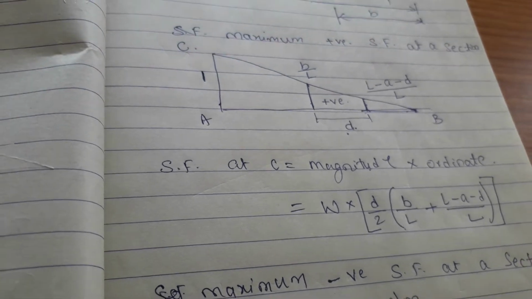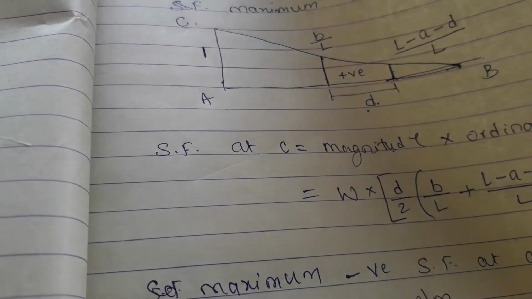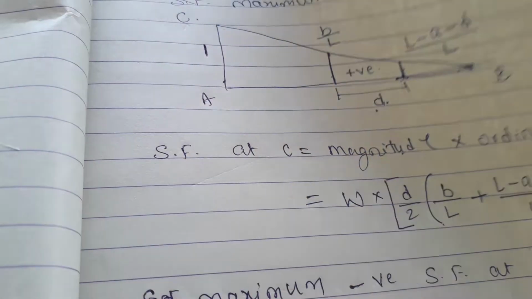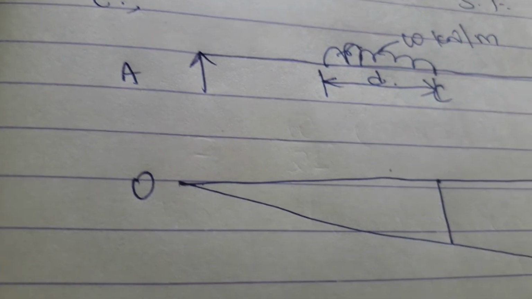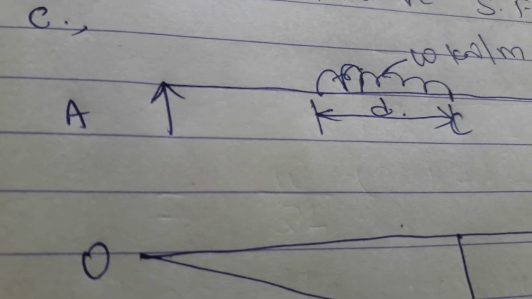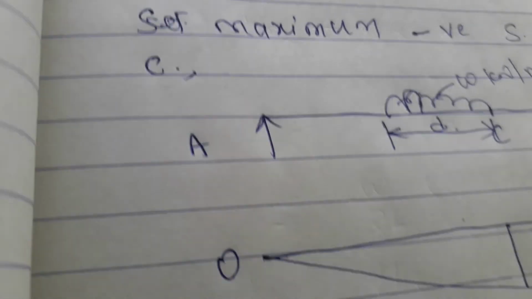Now the ILD will be like this. You get 1 at this point and 0 at A, and at this point you have to calculate the ordinates. So what will be the ordinate at this point?